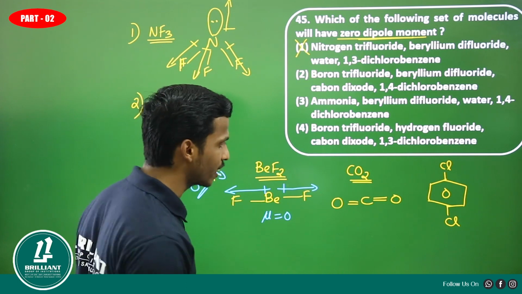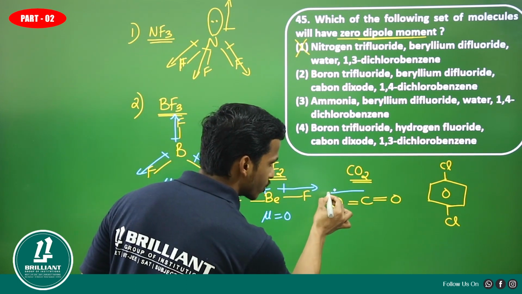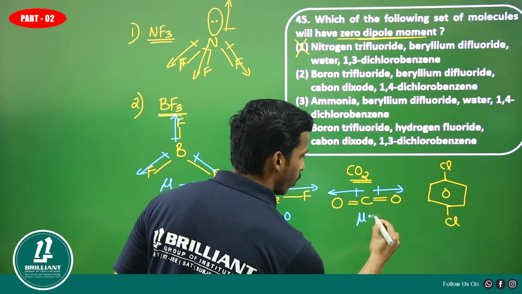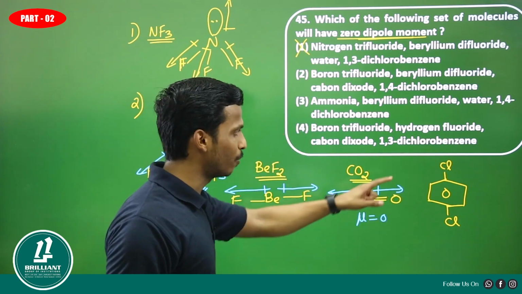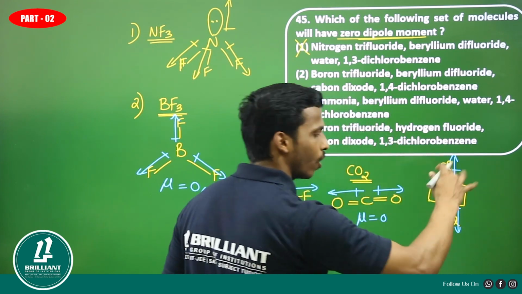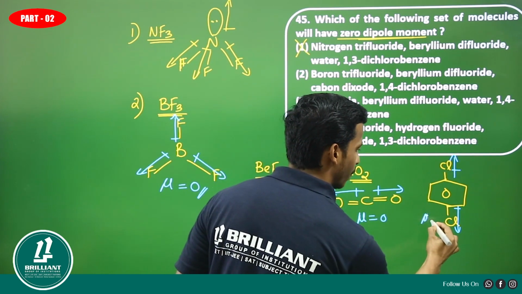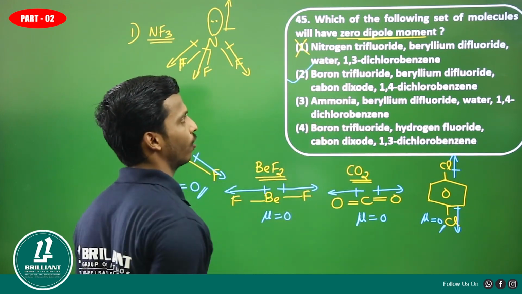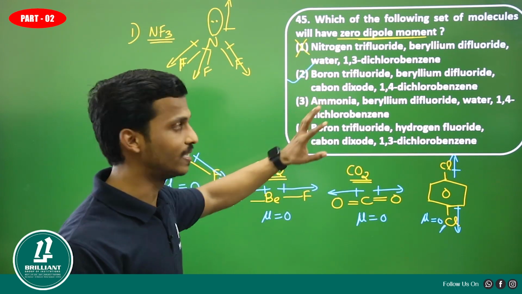What about carbon dioxide? Carbon, oxygen. Oxygen is most electronegative. They are also cancelling each other. Dipole moment again 0. What about the last one? Chlorine is most electronegative. That is also cancelling each other. Again dipole moment 0. So in your second option, all of their dipole moments are 0.